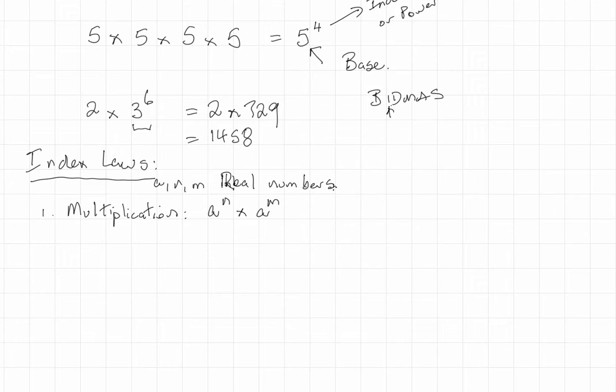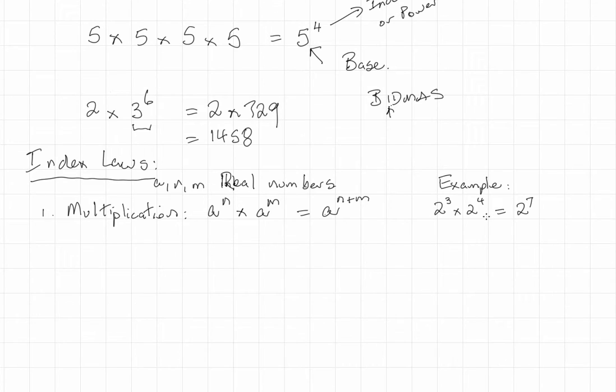They don't have to be integers. So a to the n times a to the m equals a to the n plus m. So let's just do an example. 2 to the power of 3 times 2 to the power of 4 equals 2 to the power of 7.